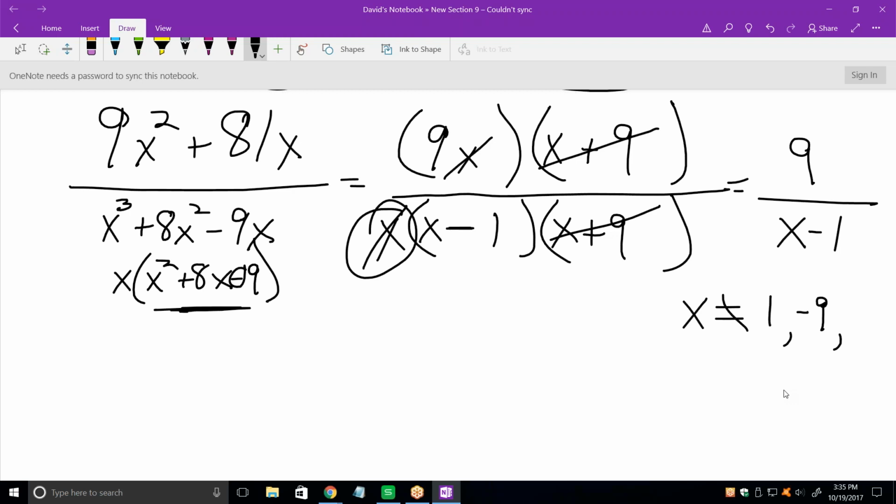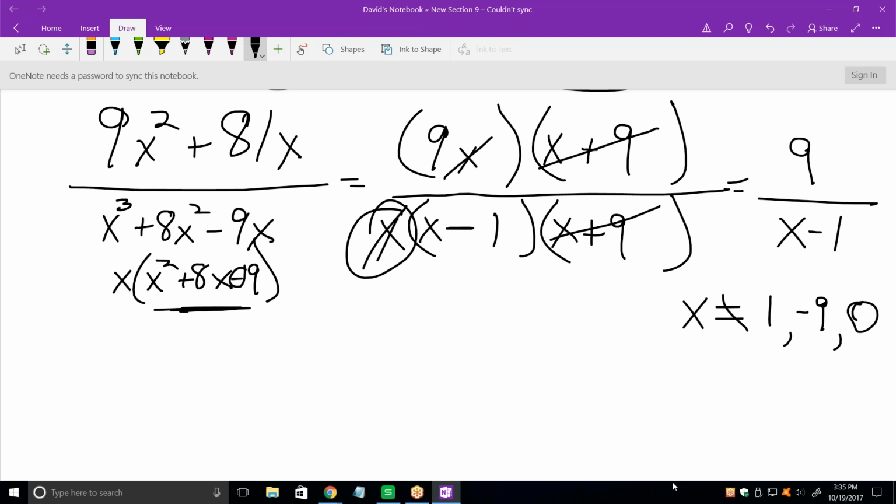Notice that if x were 0, the entire denominator is going to be 0. In other words, whenever you have numbers multiplied together that equal 0, one of them has to be 0. So if any of these 3 x's were true, we would have a 0 denominator. And this one is still there.